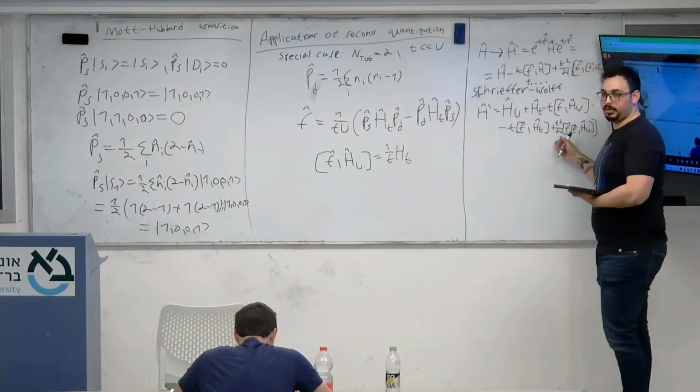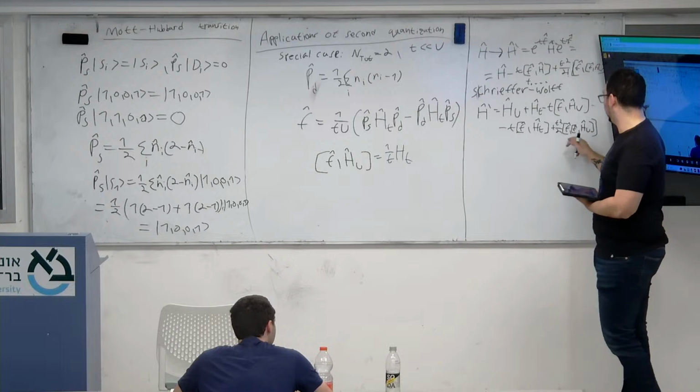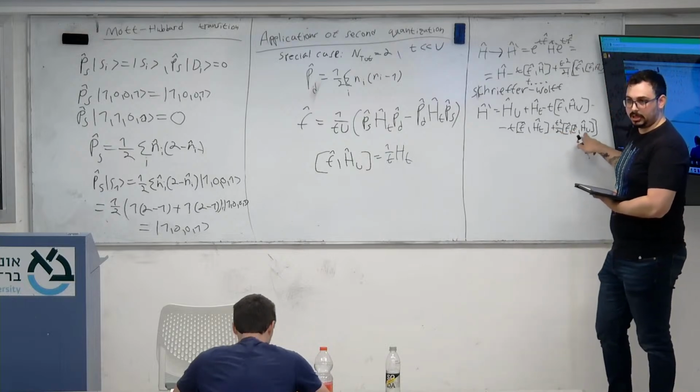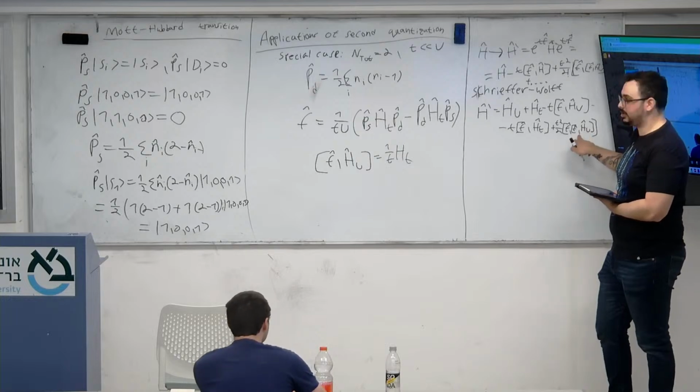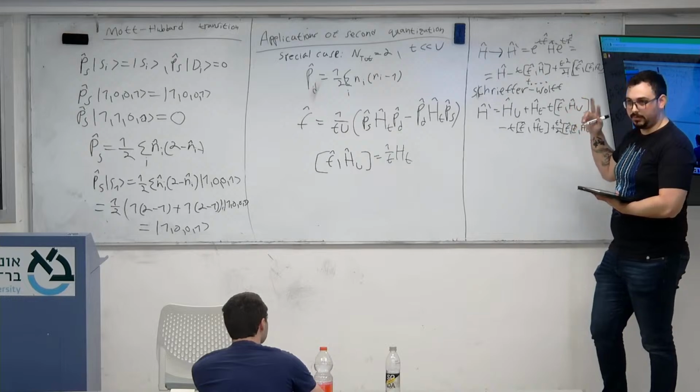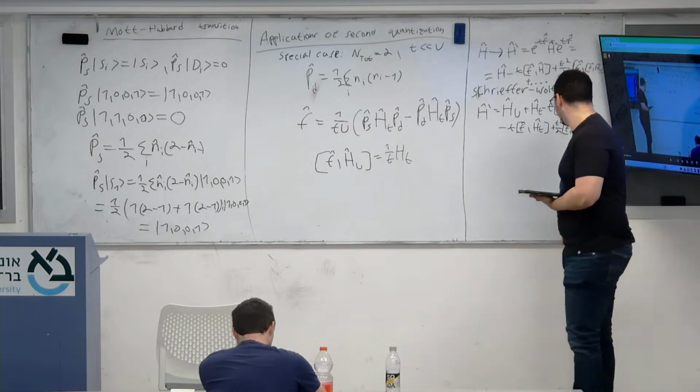And I'm not taking the second-order term in T with H_T in the commutator, because H_T has another factor of T inside, and it would effectively be T cubed. You only want to take up to second order.